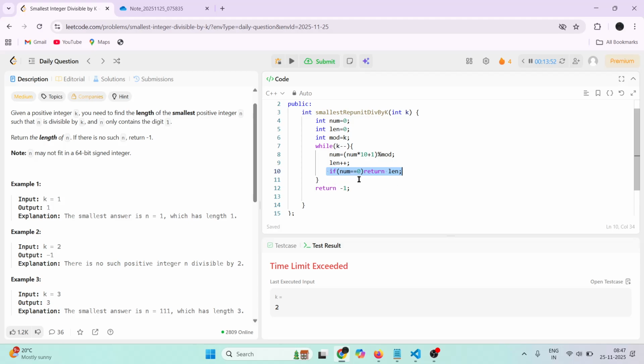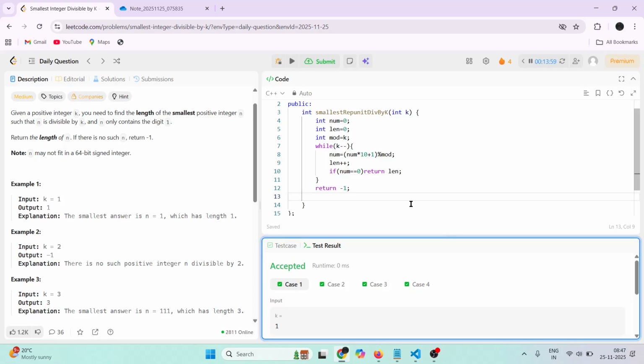Now if we run, the same thing here, this is k times. If we submit, this will be submitted, but there is a basic idea we can think of.